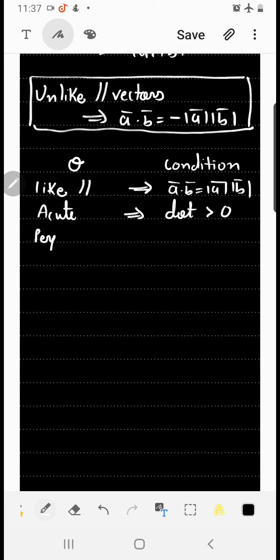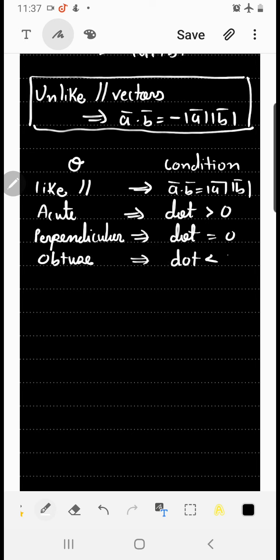When I say perpendicular, the dot is equal to 0. If I say obtuse angle, it says dot less than 0, that is negative. And finally, unlike parallel vector, A bar dot B bar is equal to minus of mod of A mod of B.